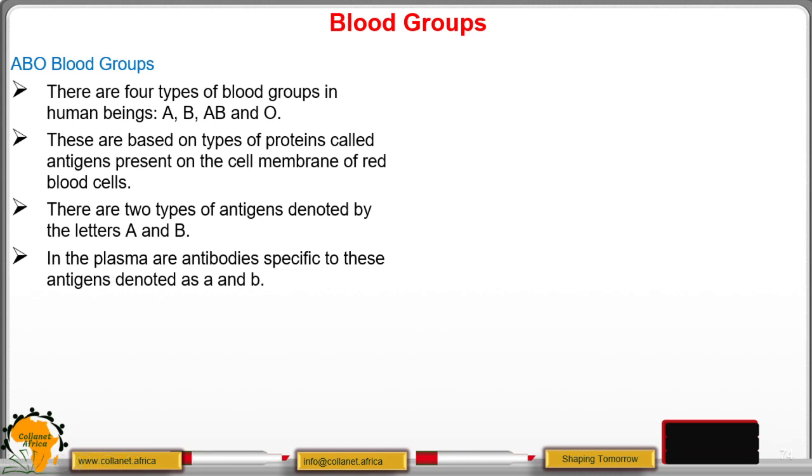If somebody asks you the difference between antibodies and antigens, we shall learn this in our next lesson, but briefly, antigens are just like foreign materials in the body, but antibodies are produced by the body to defend itself against antigens.